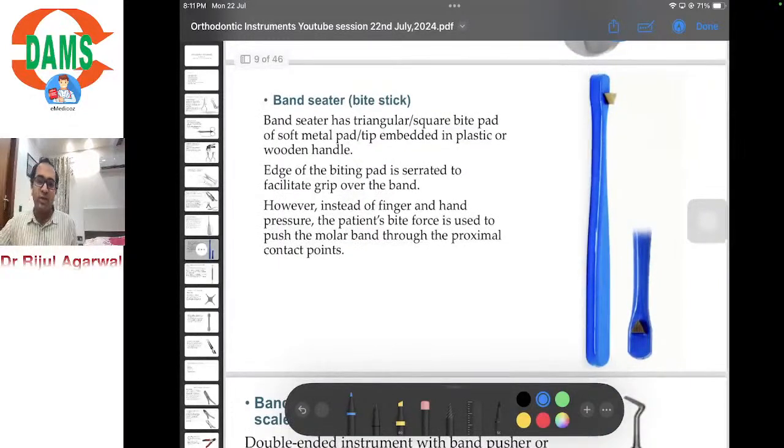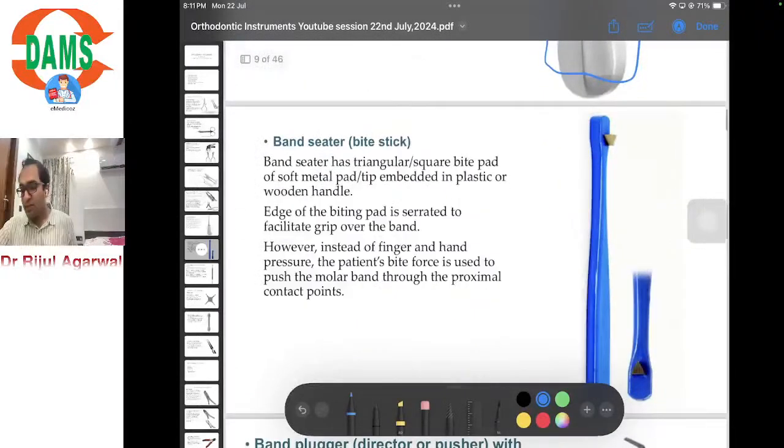Coming to the next instrument, the band seater, also known as a pied stick. So what's the difference between the band pusher and seater? Seater has a plastic handle on it. So how it's used is we ask the patient to bite on it. Through the biting force the band gets pushed to the interproximal contacts and gets seated.